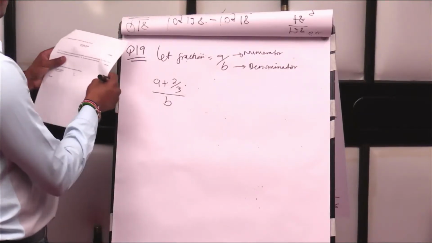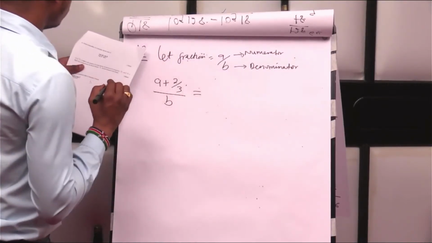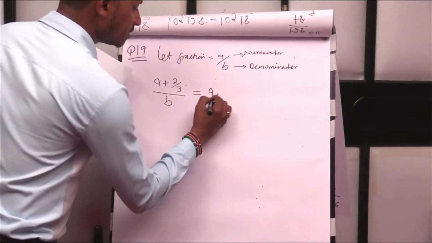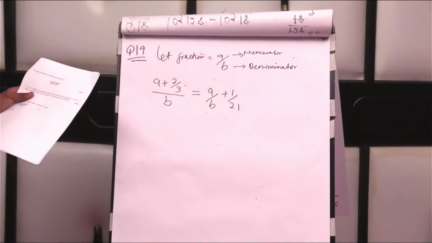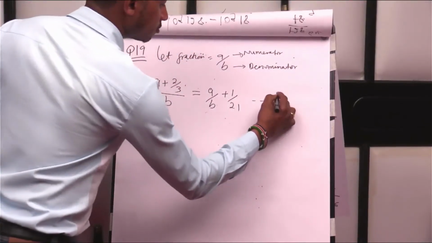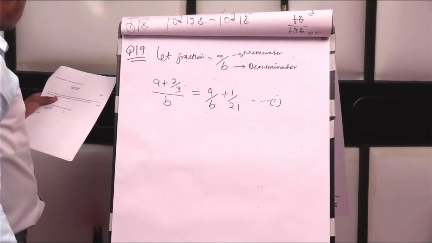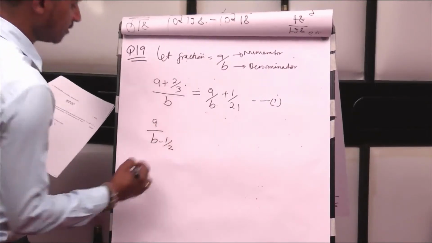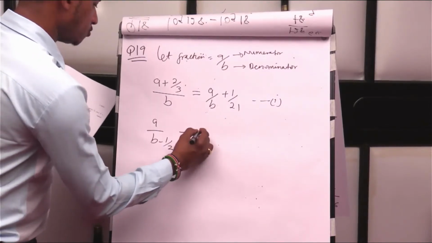The fraction will be increased by 1 over 21. So the fraction a over b is increased by 1 over 21. This is equation 1. And if a half is taken from its denominator, so the fraction is a over b, if a half is taken from here, that fraction becomes 2 over 9.